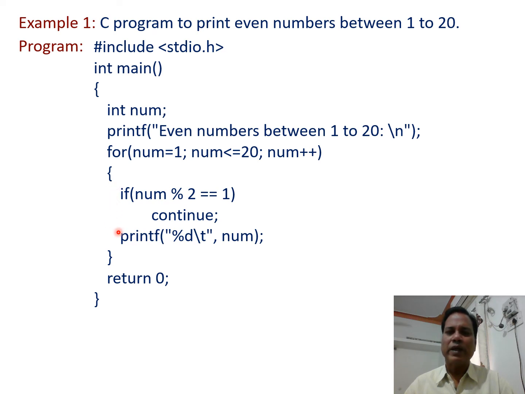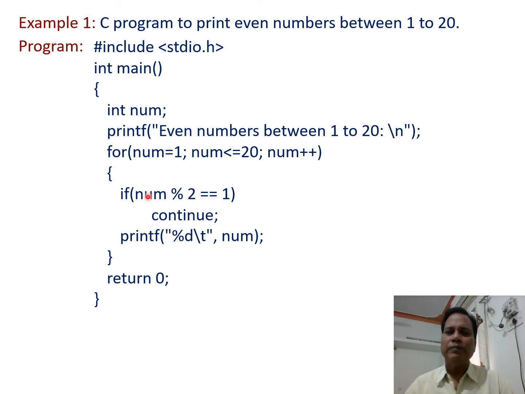In the body of the for loop, there is an if statement: if num modulo 2 equal to 1, that is, if the remainder when the number is divided by 2 equals 1, here a test is made: if the number is odd, then continue.